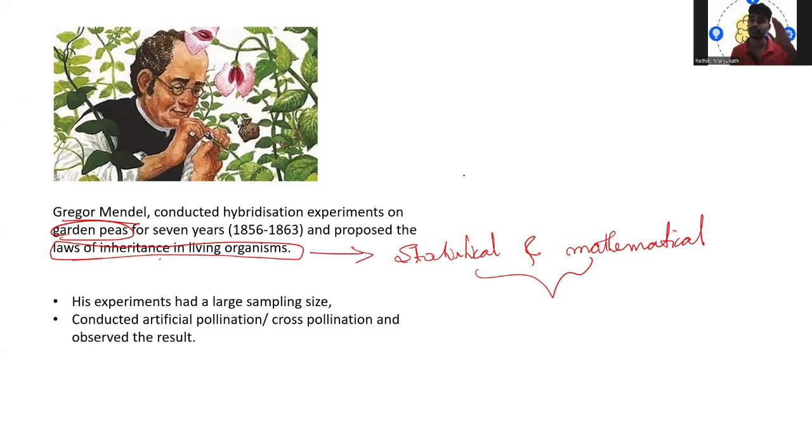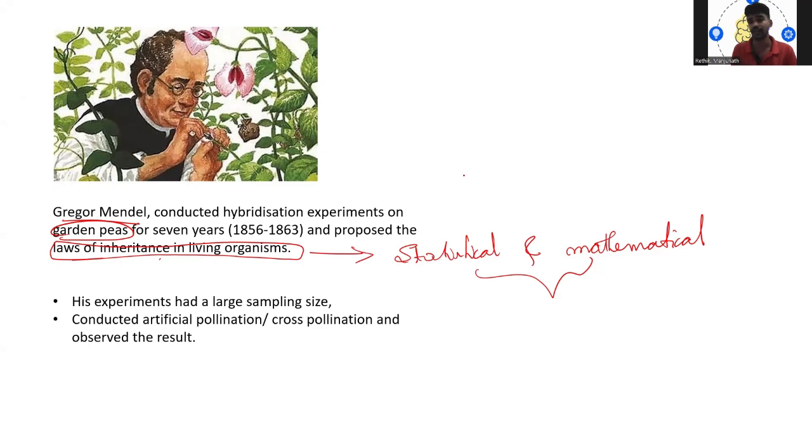And the second thing is, during that period Darwin's theory was also proposed, and everyone was curious regarding the evolutionary theory. Oh my god, this is how the evolution is happening. So everyone was very curious, and nobody had time, or even thought about what exactly this proposed theory, the law of inheritance, is all about.